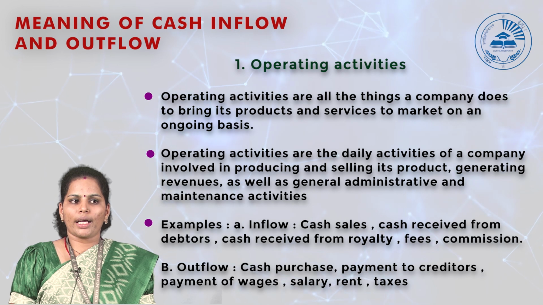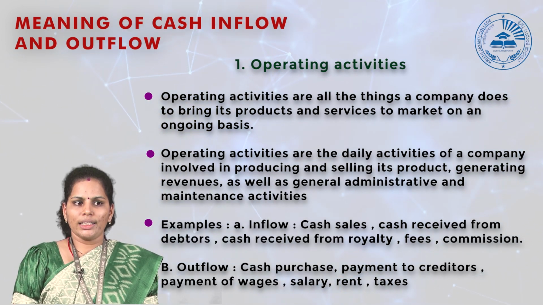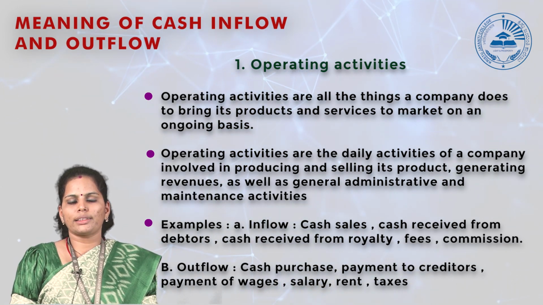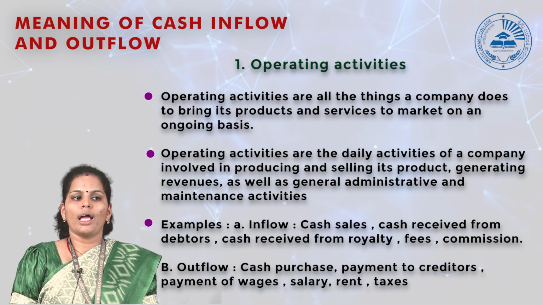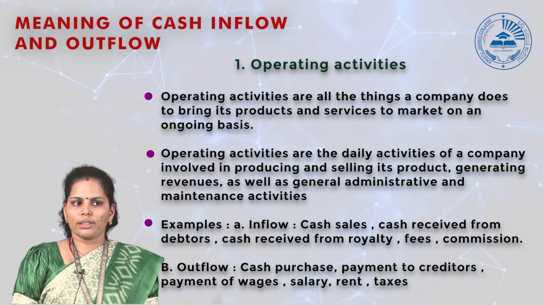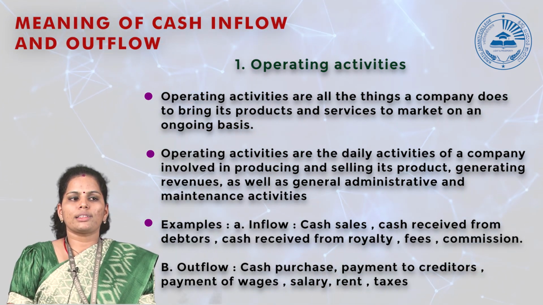Under operating activity, the cash inflow includes cash sales, cash received from debtors, cash received from royalty, fees, as well as commission. And cash outflow includes cash purchases, payment to creditors, payment of wages, salary, rent, as well as taxes.